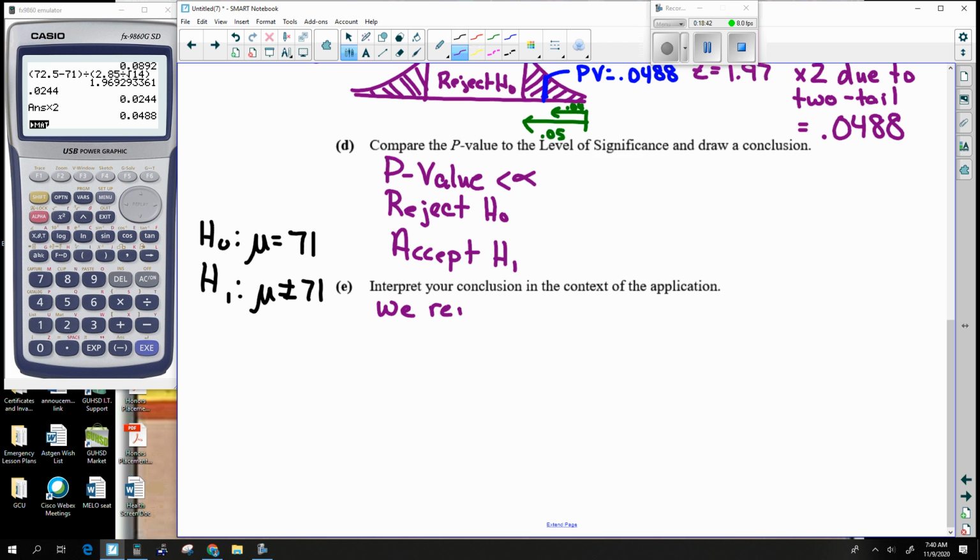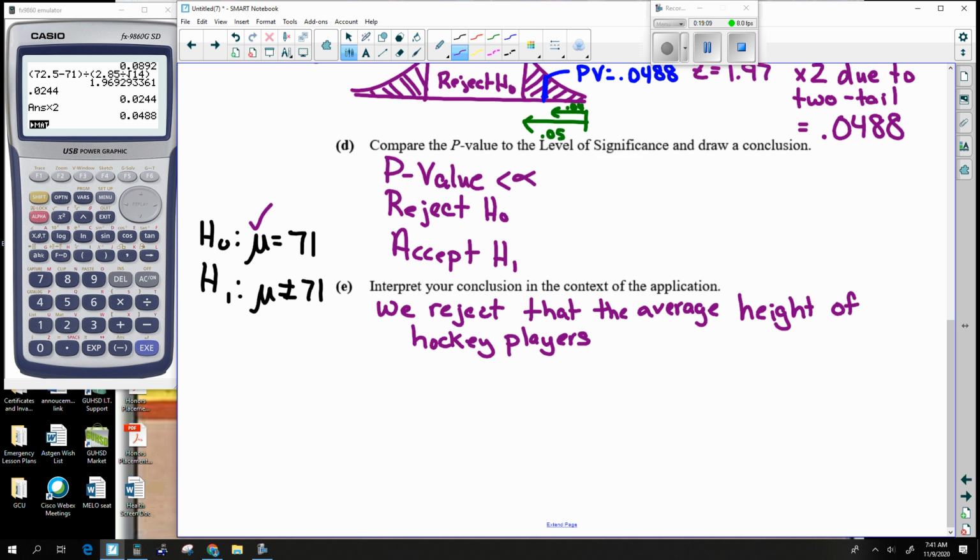We reject the average, and use context. Middle symbol is equal to 71 inches.